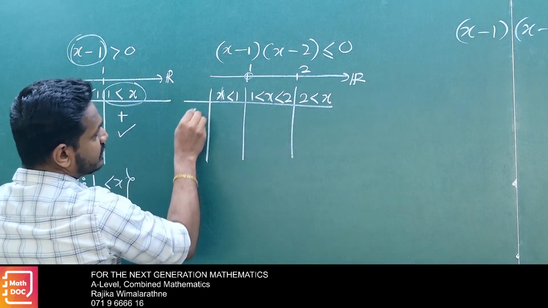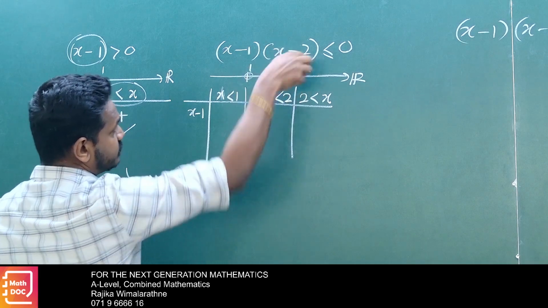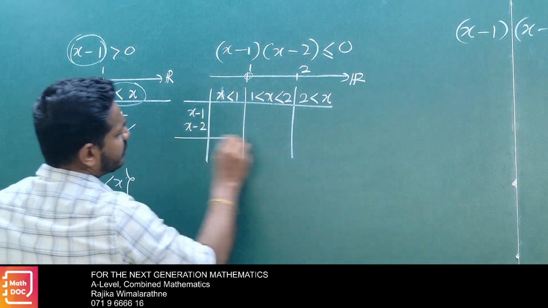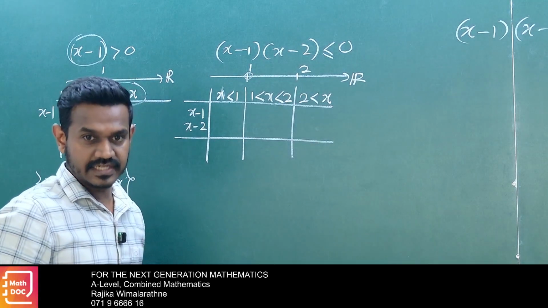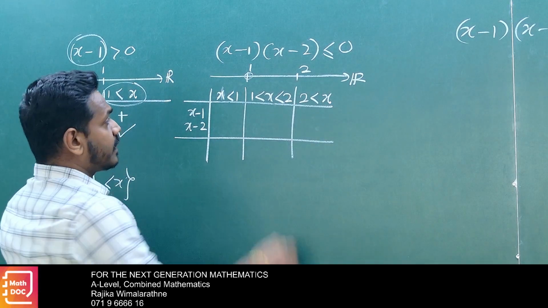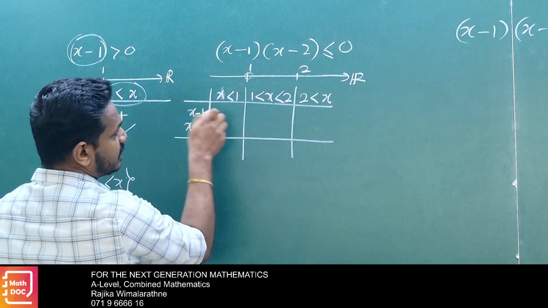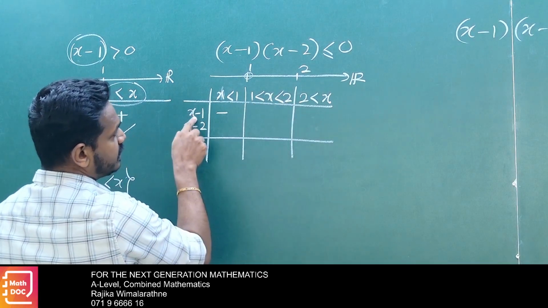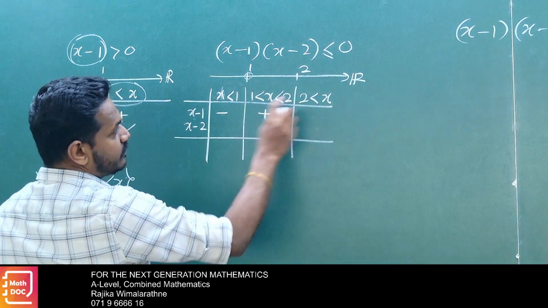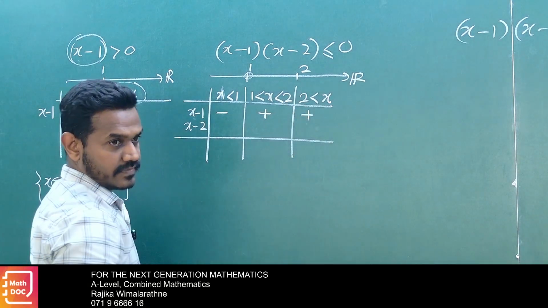You better write that one here. Then next 2, the corresponding factor is x minus 2. You write here. Now individually you find signs. For values less than 1, this factor is negative. For values in between 1 and 2, this factor is positive. Values greater than 2, this factor is positive.